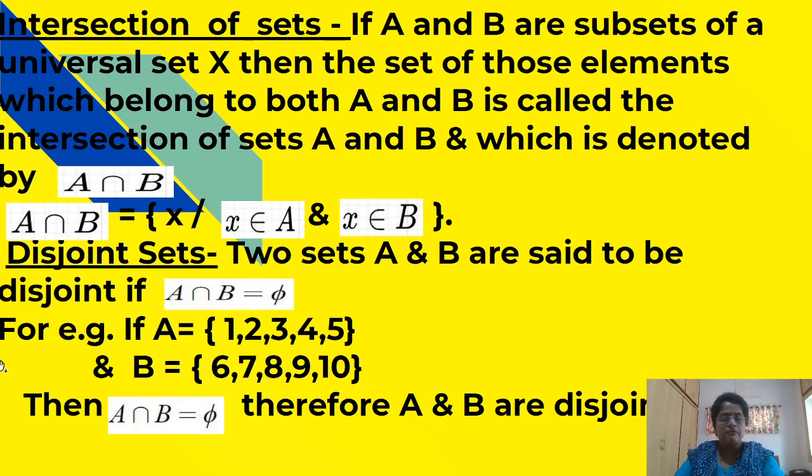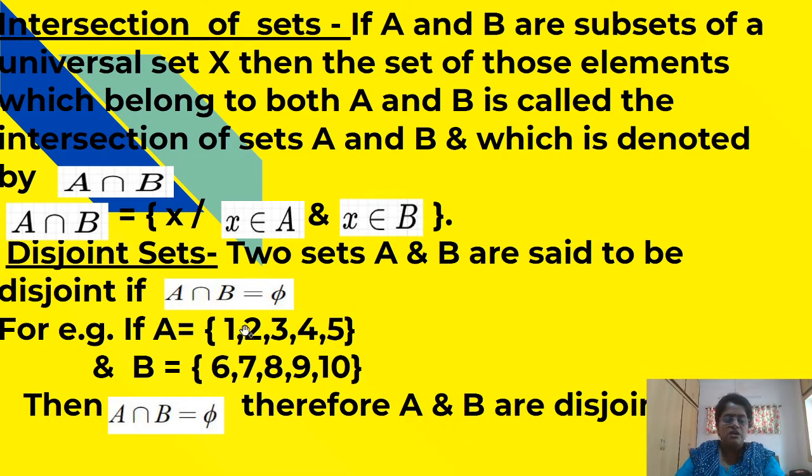For example, if A is equal to {1, 2, 3, 4, 5} and B is equal to {6, 7, 8, 9, 10}, then A intersection B is equal to empty set because there is no common element in A and B. Therefore, their intersection is the empty set, and we can say that A and B are disjoint sets.